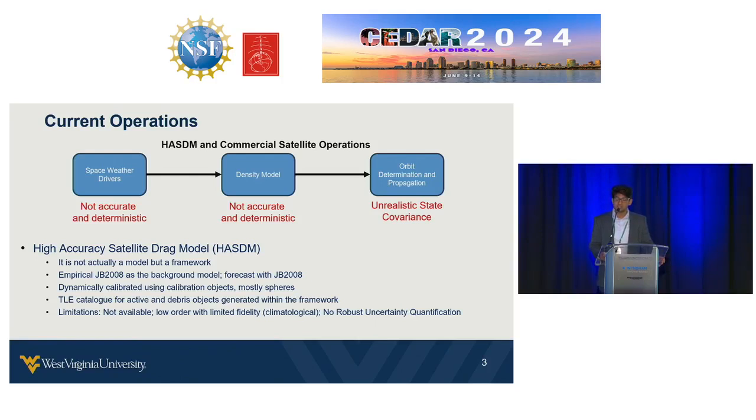But the biggest limitations are that it's limited to DoD use, so it's not available to commercial operators. It's low fidelity, basically climatological, and it does not provide robust uncertainty quantification, which in the light of the mega constellations that have sprung up becomes an increasingly more critical piece.